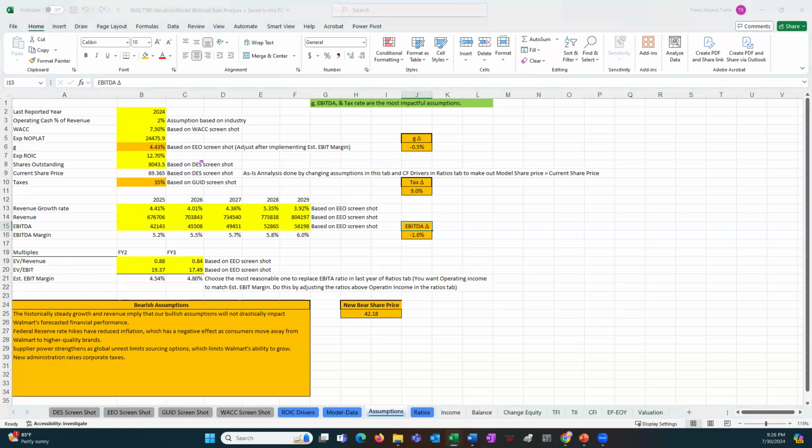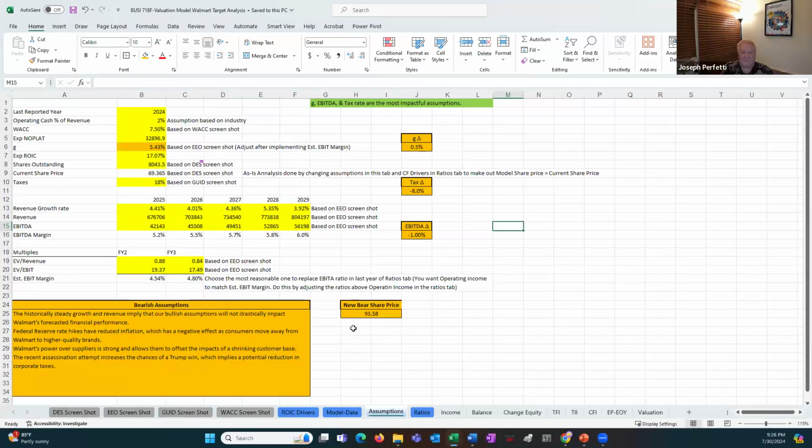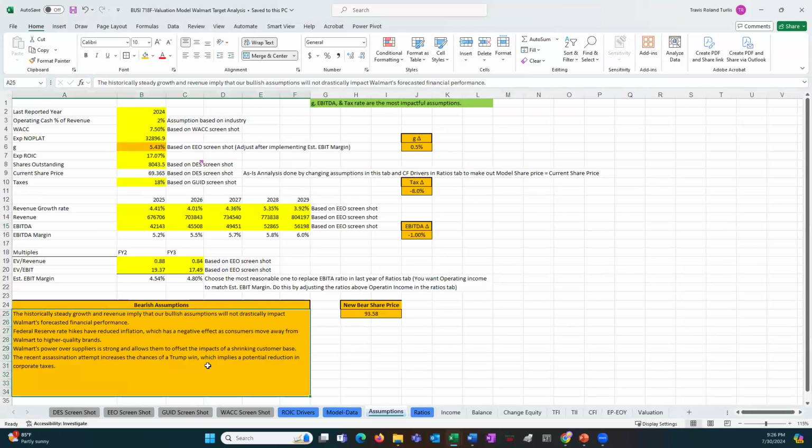All right, so moving on to our target. We grabbed a little bit of what we believe to be more likely in our bull scenario, and then some of what we thought was more likely in our bear scenario. Again, the rates of change are limited based on historical trends. They are relatively steady over time, whether they are contracting or expanding.